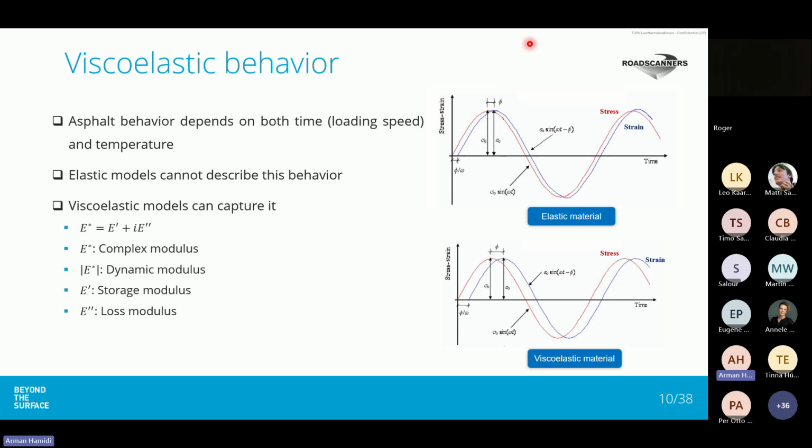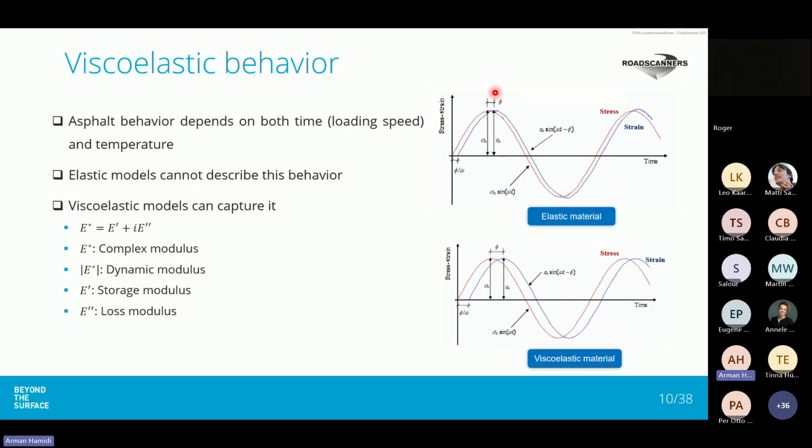When this phase angle increases to 90, then the viscose behavior will dominate. So in a purely viscose material, this lag distance is 90 degrees. And in a viscoelastic material, it is typically between 5 to 45 degrees.